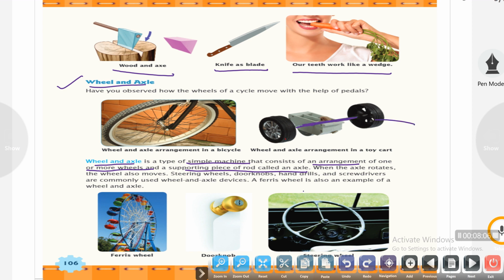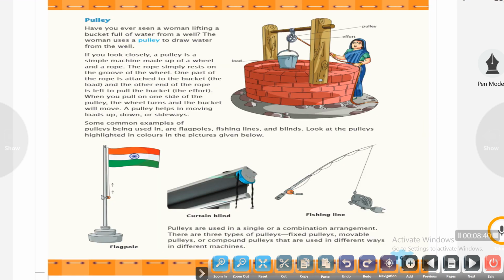These both are wheels. When this axle rotates, the wheel also moves. Examples are steering wheels, doorknobs, handrails and screwdrivers. Ferris wheel, doorknob, steering wheel, these all are examples of wheel and axle.